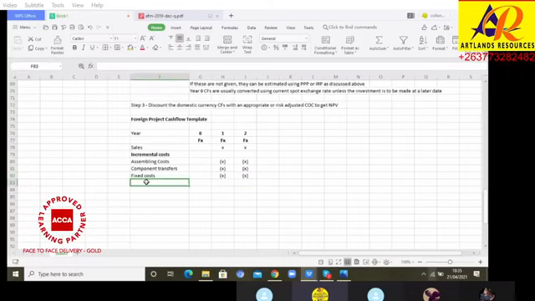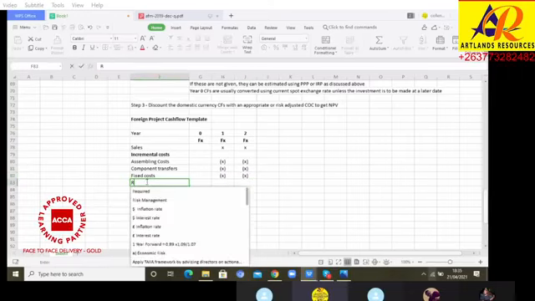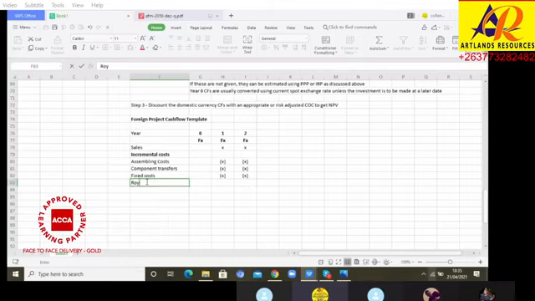Should we have royalties or management fees, suppose we are charging management fees to the foreign project, or royalties, whatever I call it, we put that figure here. Remember, this is in foreign currency.